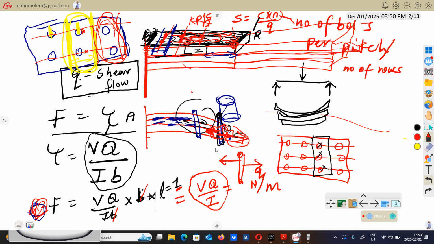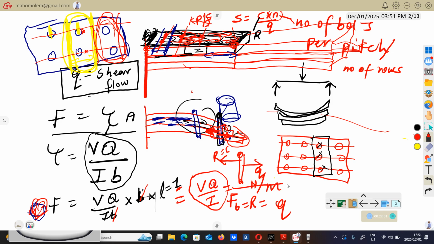So this force by the bolt, we can use R, we can use that C there. For this thing to be at the state of equilibrium, this force by the bolt, which is that R, must be equal to that shear flow.